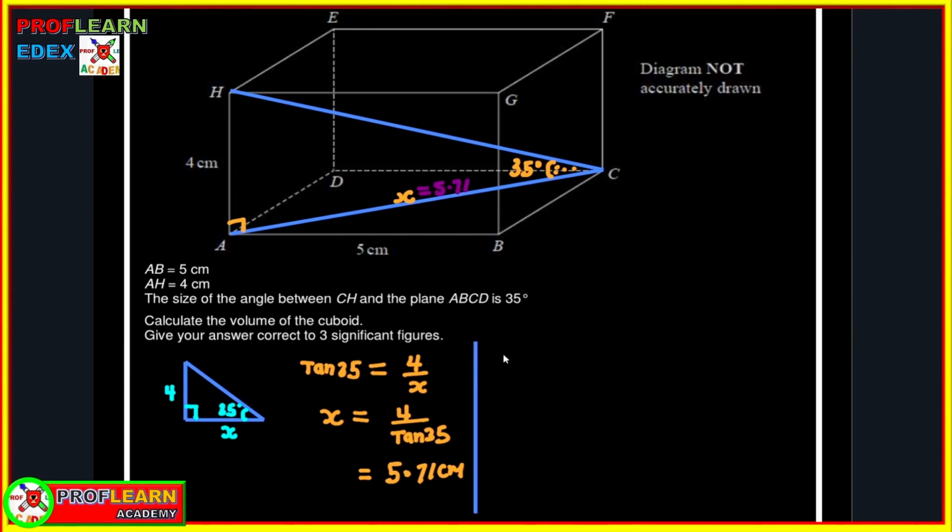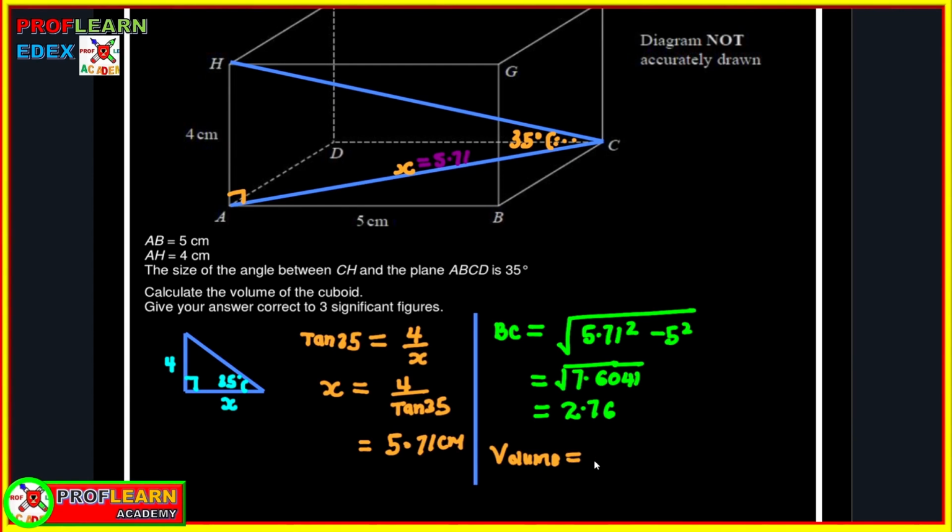And now we know volume of a cuboid is cross-section area times the length, or we can say 4 times 5 times the length BC, but we need to find BC. Remember our BC, because ABC is a right angle triangle, and we have the hypotenuse 5.71, we can use Pythagoras theorem at this point, right?